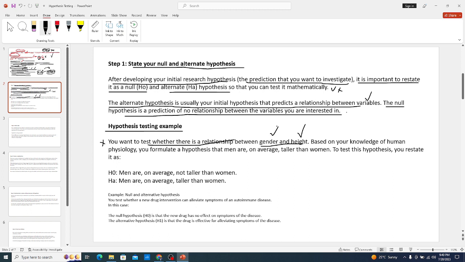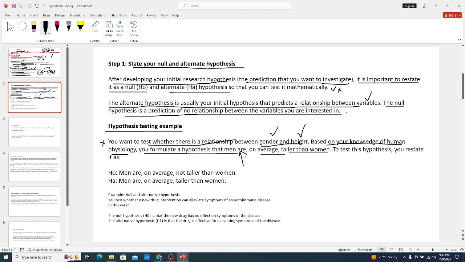Let's see if that will make sense. Based on your knowledge of human physiology, you formulate a hypothesis that men are on average taller than women.